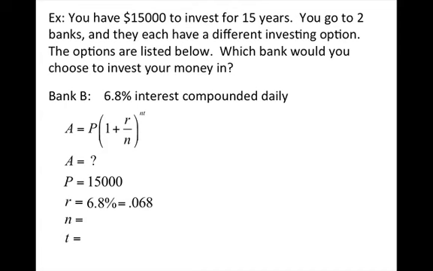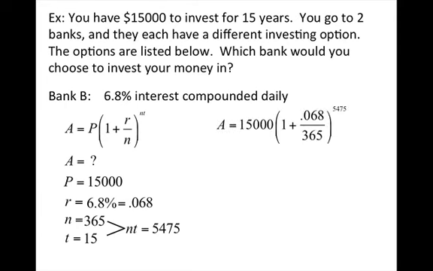This bank is compounding daily, so if you're not told otherwise, for daily use 365. If you ever need to use the 360, the problem will tell you. And time is still the 15 years. So for this one, if I multiply the N times T, 365 times 15 gives me 5,475.